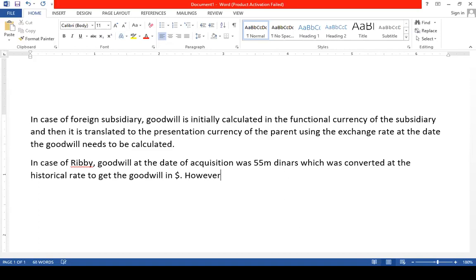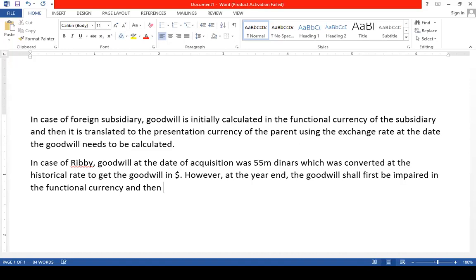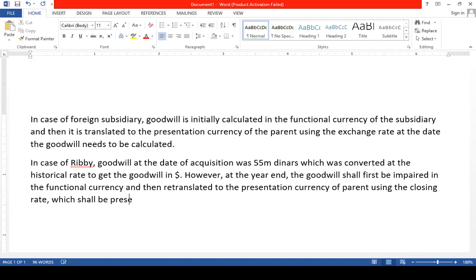However, at the year end, the goodwill shall first be impaired in its functional currency and then retranslated to the presentation currency of parent using the closing rate, which shall be presented in the statement of financial position.